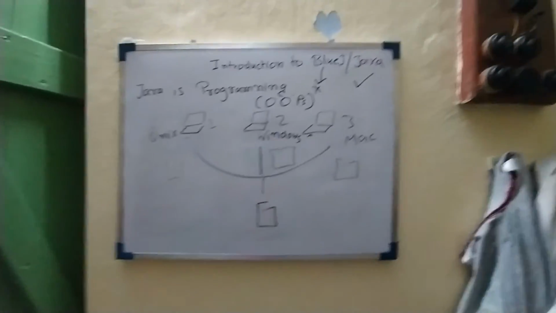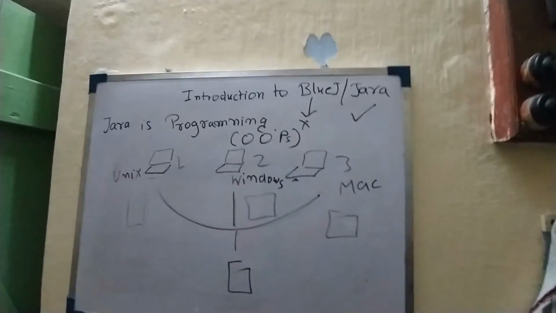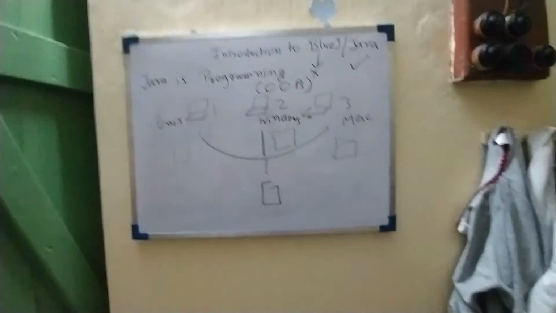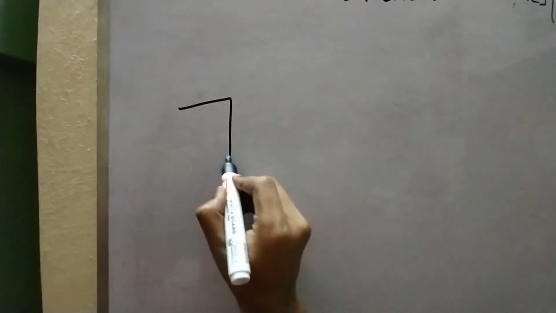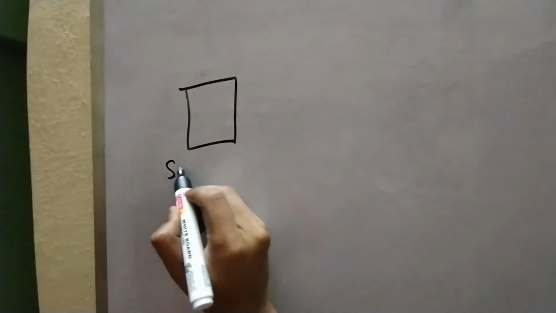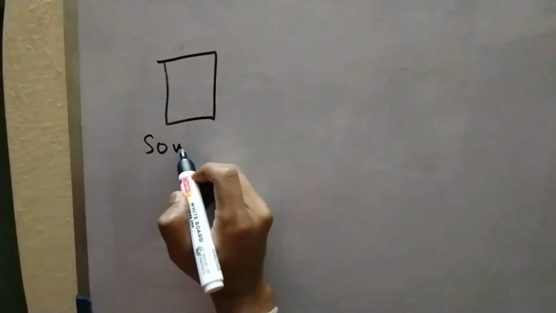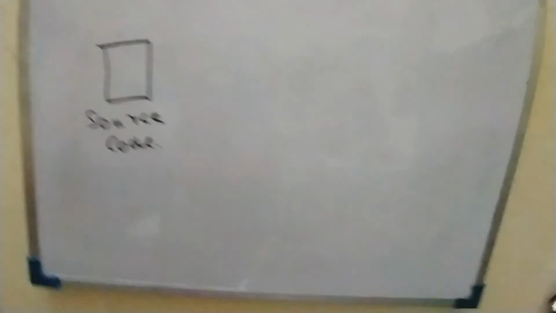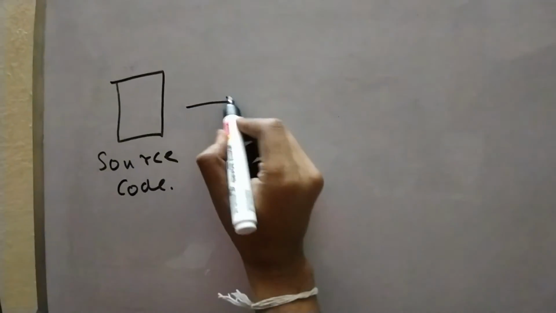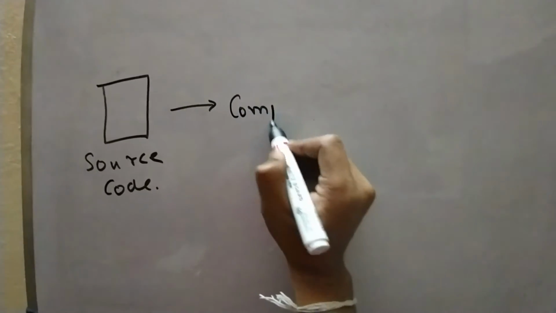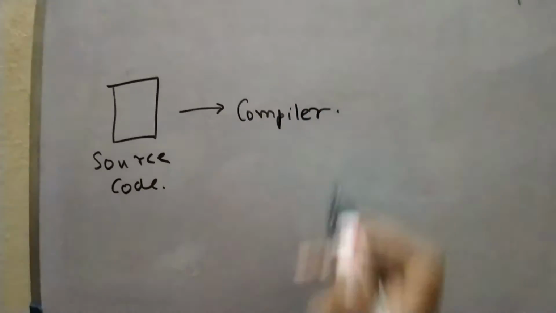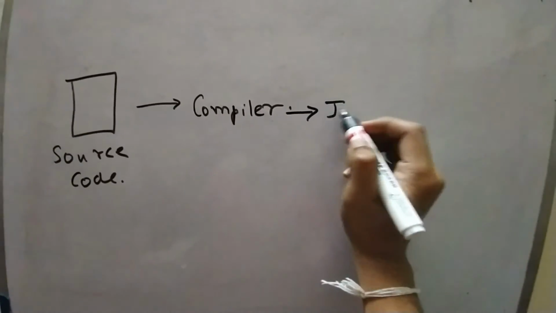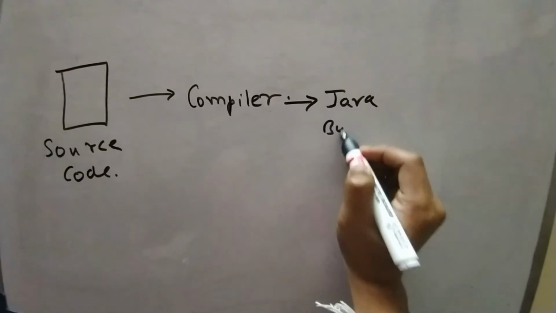So what is the solution? Java came up with a solution. What Java did is that Java used byte code. So basically you have a source code, and a compiler will be taking it and converting the source code into a Java byte code.